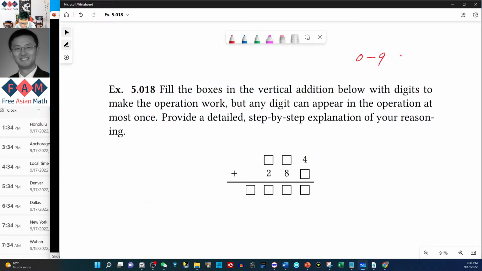And because any of them can appear at most once, you not only need to use all of them, you can only use each one of them exactly once. That's a pretty serious constraint, but at the same time, it makes the reasoning easier because we only consider a special case, where any digit appears exactly once.